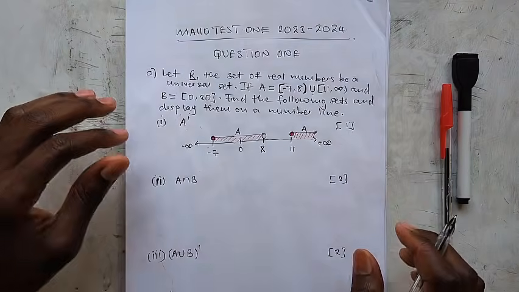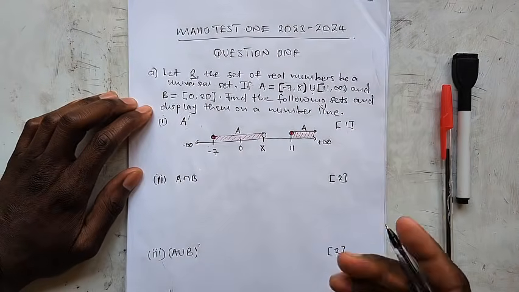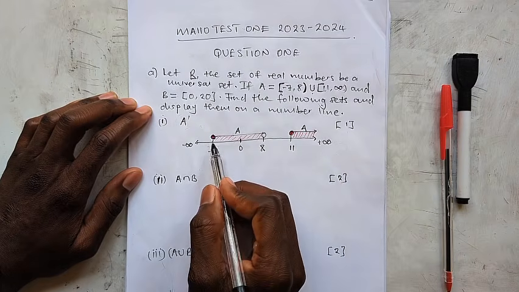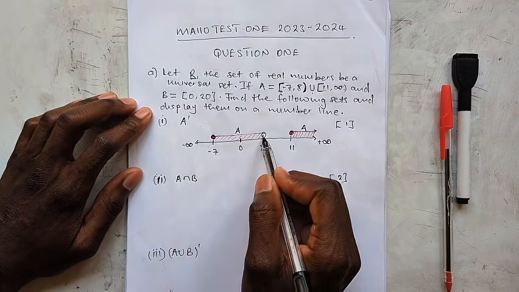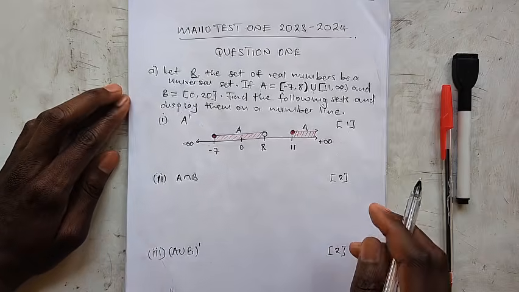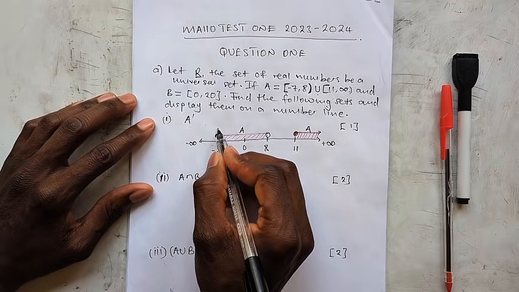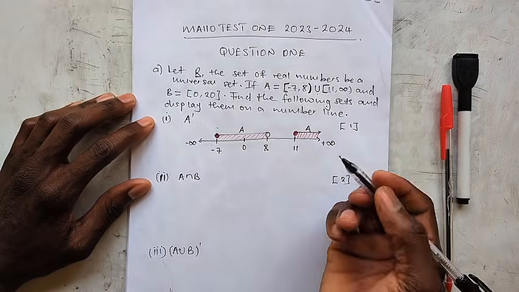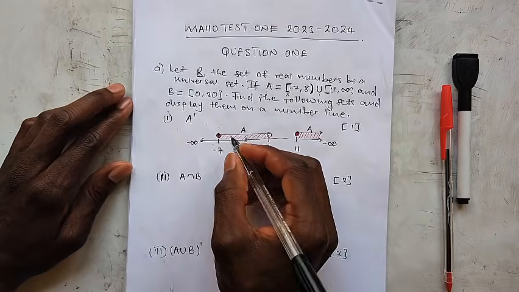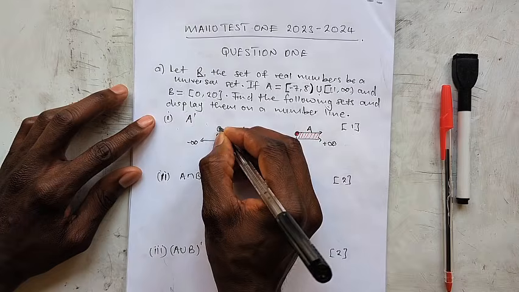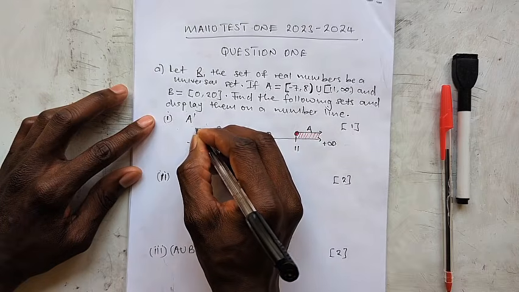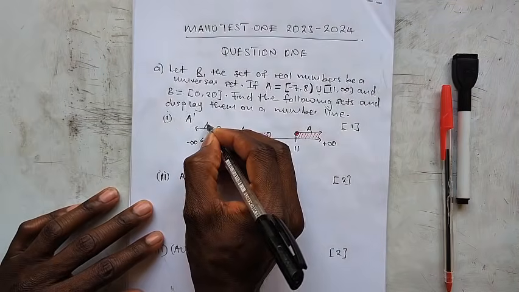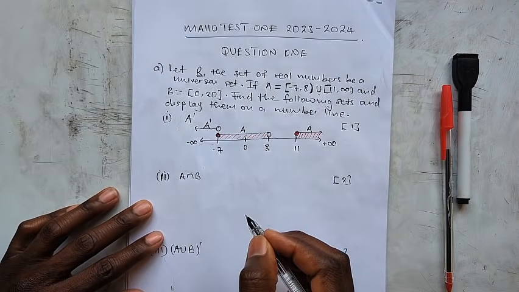Okay. Right, if we try to proceed, we'll notice that since set A is starting from -7 all the way up to +8, we expect numbers from -7 to the left hand side not to be part of set A. I think you understand what is meant by complement, meaning that all the numbers from here going to negative infinity, they won't be part of set A. They're supposed to be part of set A complement.